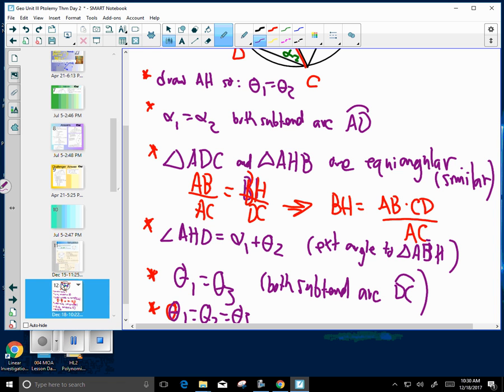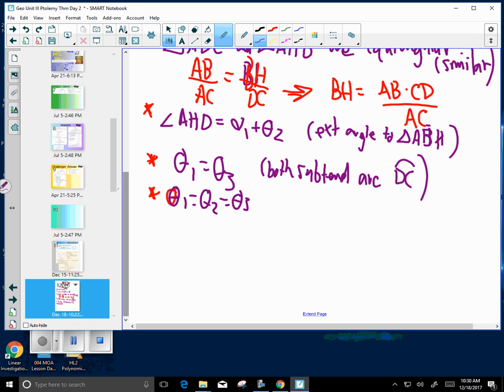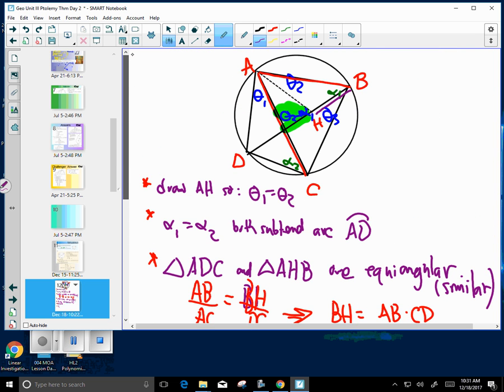And with that in mind, now what we can do is we can say that... did we say beta 1? What can we say about beta 1? I haven't put beta 1 up there yet.